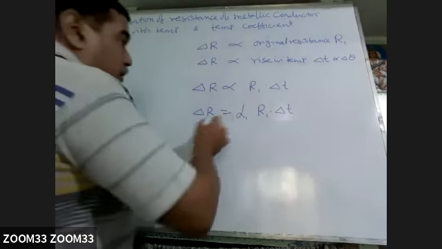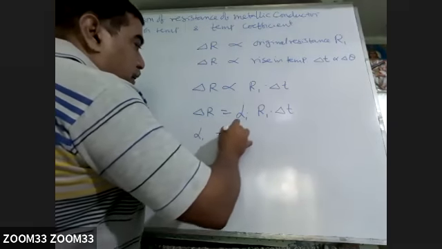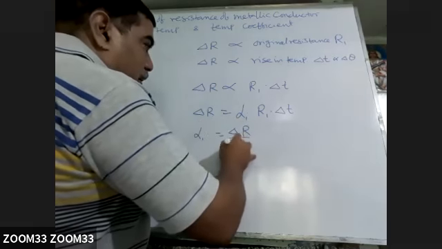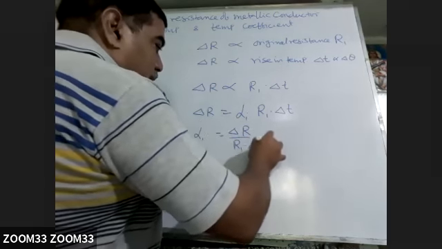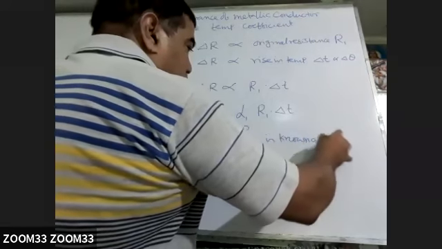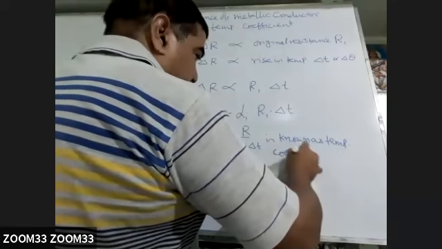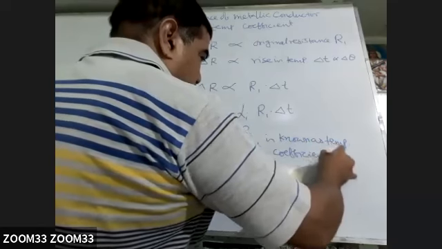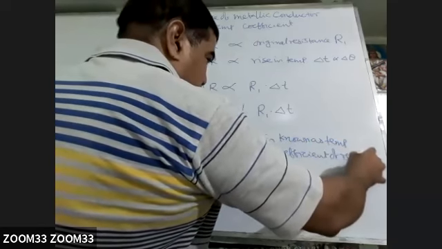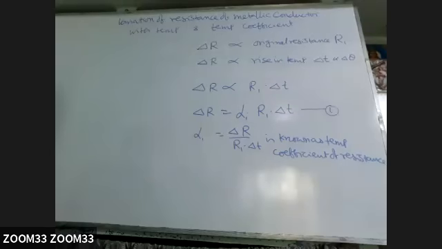So this alpha or alpha 1, delta R over R1 delta T, is known as the temperature coefficient of resistance. What will be the unit?